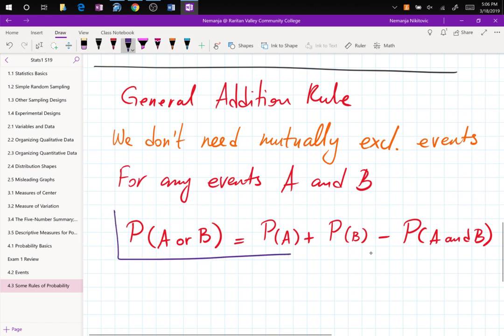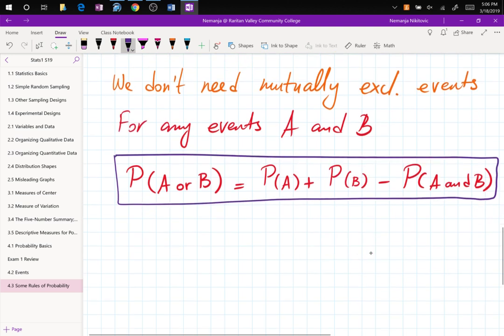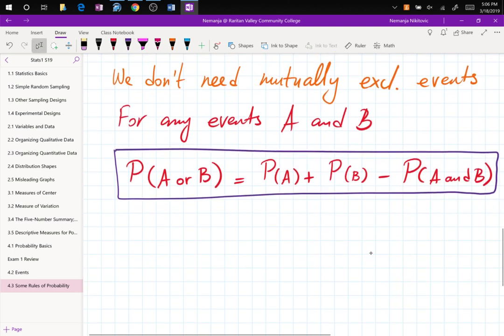Now, in general, this is the formula that confuses people, but we already discussed this. Now we're going to put this in that example. If you remember the example before, event A are red cards and event B are face cards.